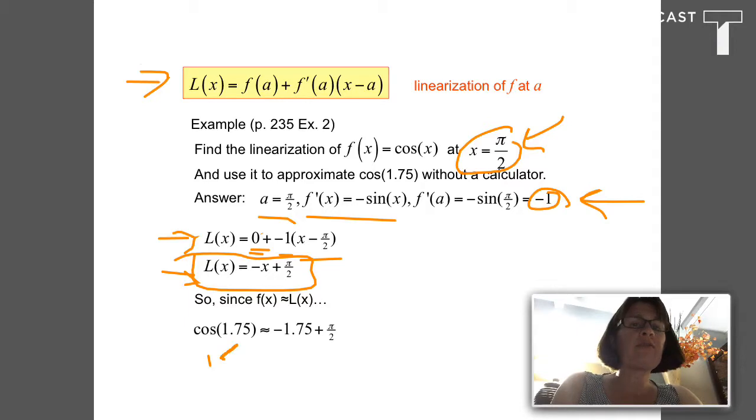So here I'm going to find the cosine of 1.75. The number inside the parentheses, that's my x now. So notice here I have a negative x in my linearization, so I'm going to have negative 1.75 plus pi over 2. And if you compute negative 1.75 plus pi over 2 on your calculator, and also compute cosine 1.75, you'll be shocked how close they are.